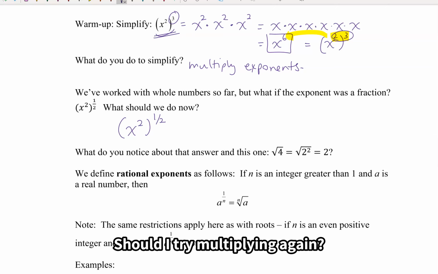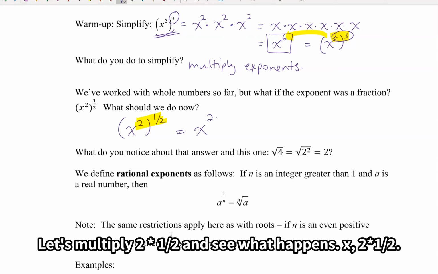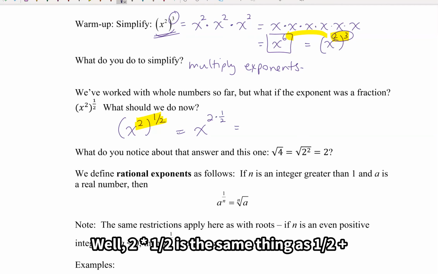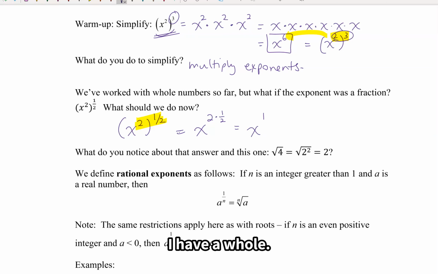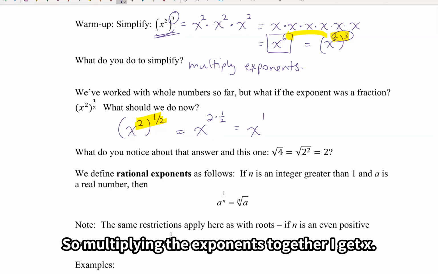Let's multiply 2 times 1/2 and see what happens. 2 times 1/2 is the same thing as 1/2 plus 1/2. And if I have 2 halves of a pizza, I have a whole. So multiplying the exponents together, I get x.